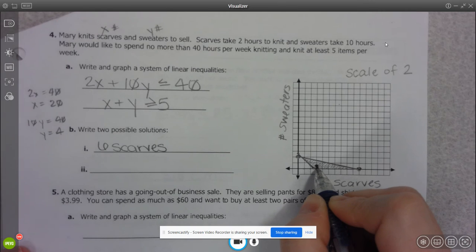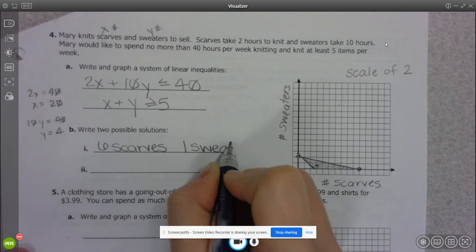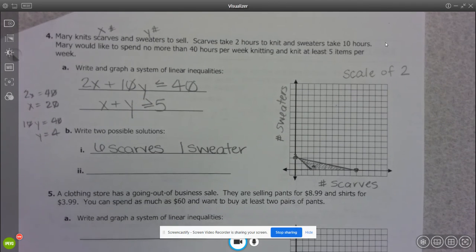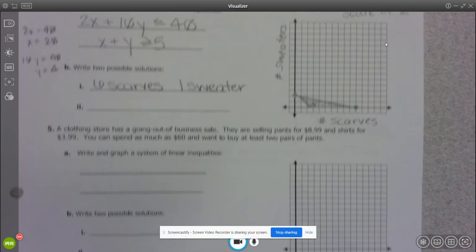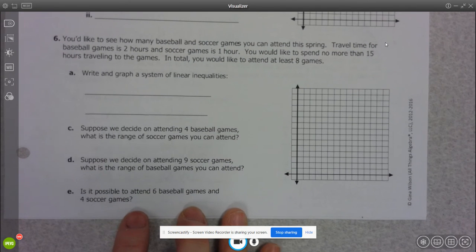And because I'm counting by twos, I know this is 1 sweater. And again, you can pick any other point that you'd like. But I'm going to go ahead and move down to question number 6.